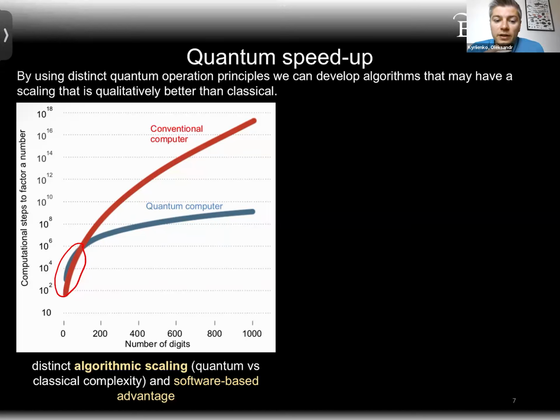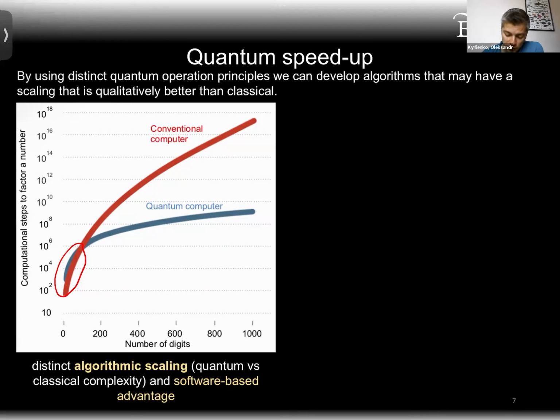You have a quantum computer that still operates slower than the classical computer. Why? Because there are prefactors that don't go asymptotically into scaling, but we need to account for those. Which means for small system sizes, most often classical solutions are better. So we actually need to work hard to find an interesting application.